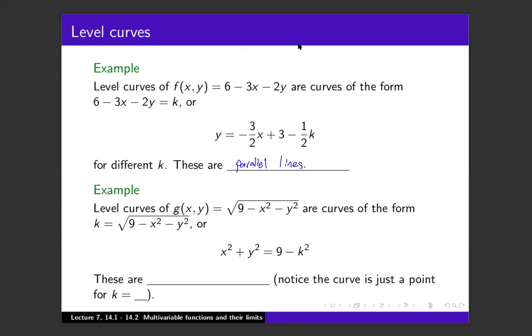What we're looking at is going to look something like this, where we've got these different level curves, all of slope negative 3/2, but they're all parallel. So we've got all of these parallel lines, and they're evenly spaced.